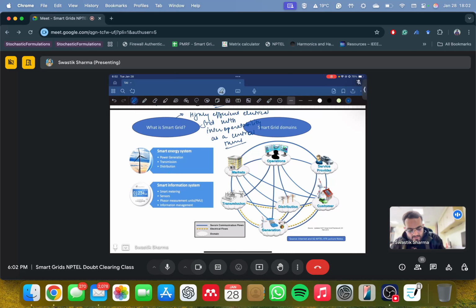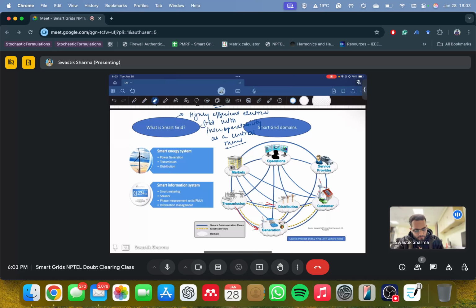So what they want is two-way communication flows to happen across all channels. So your energy systems, which were earlier power generation, transmission, and distribution, are now called smart energy systems, where they are in touch with each other using secure communication flows.